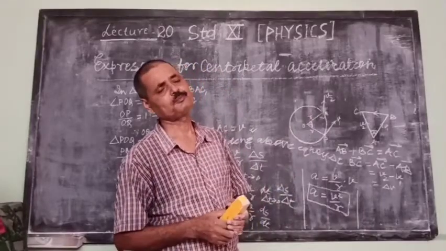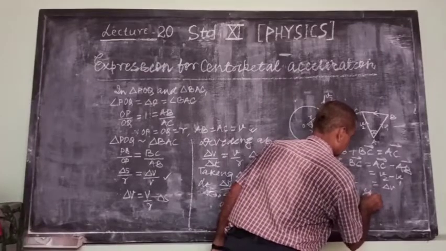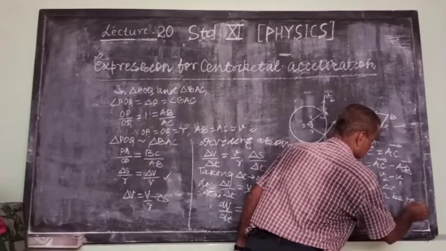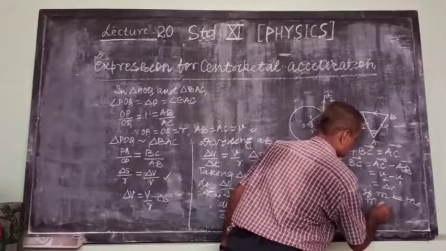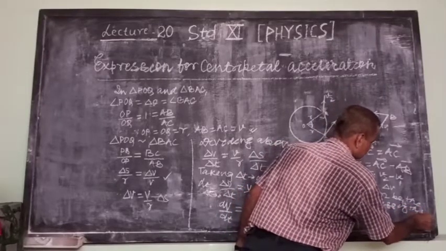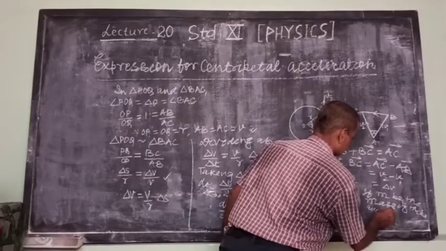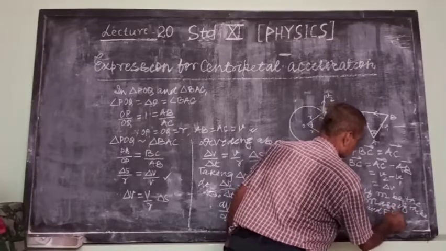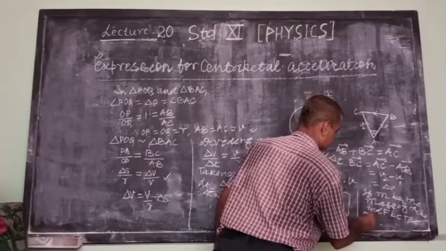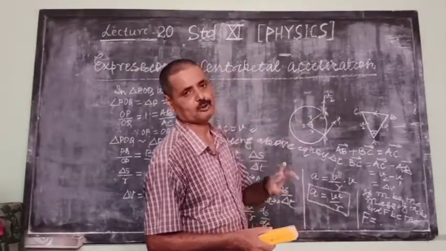since force is equal to mass into acceleration, if m be the mass of the body and F be the centripetal force, then F is equal to mass into acceleration.